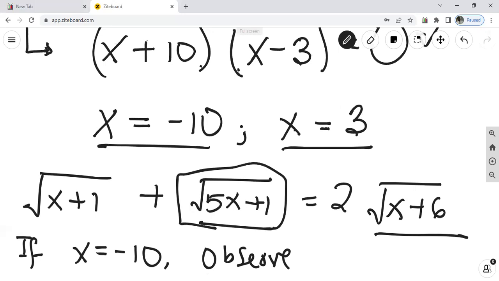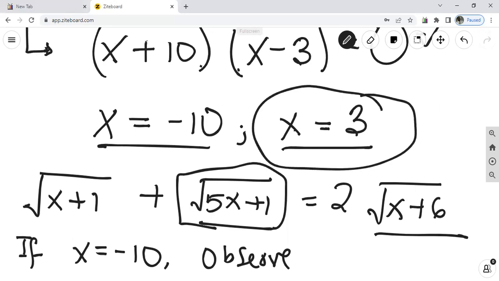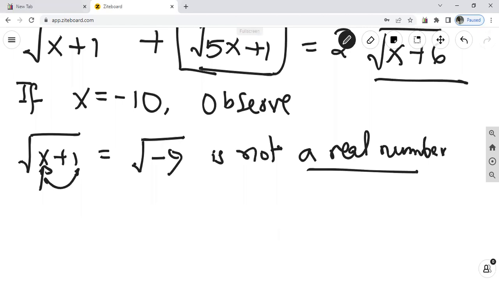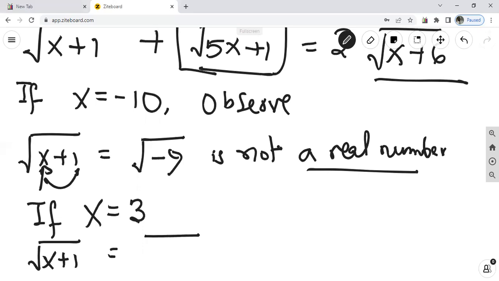What about the other solution, x equals 3? Let's see whether it will work. If x equals 3, then the square root of x plus 1 will be the square root of 3 plus 1, which is 4, and that is simply 2.